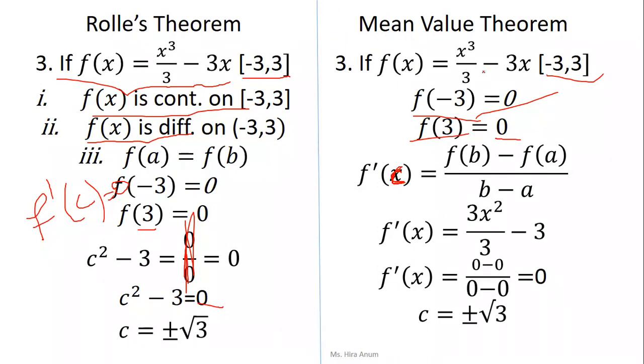So you take the derivative of this, it gives 3x square over 3 minus 3, which equals c square minus 3 equals 0. Then take 3 to the other side, so c equals plus minus radical 3.